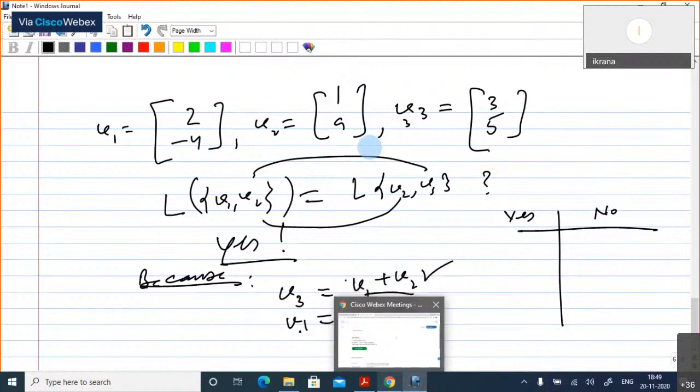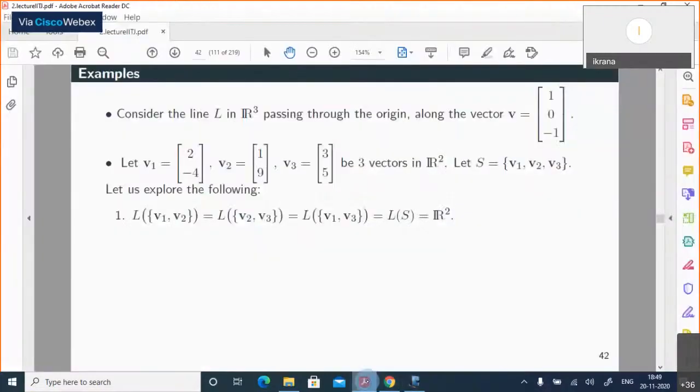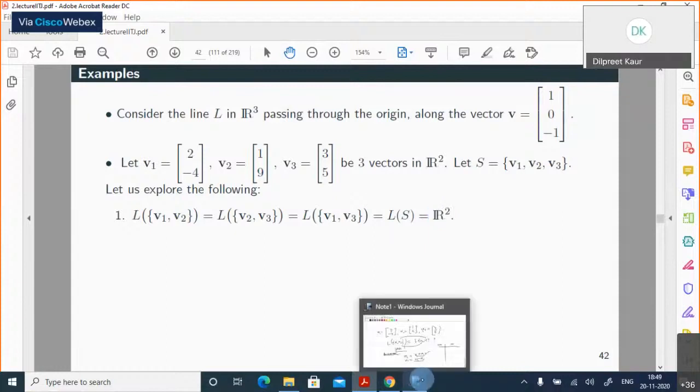let us try to check the last one, namely the following. I want to check that the linear span of V1 and V2 is the same as the whole of R2. L of V1, V2 is the same as R2.